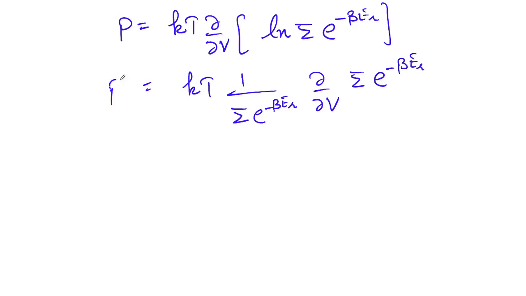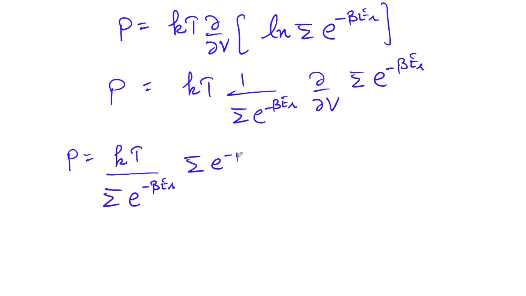So this pressure term comes out to be kT over the summation of e raised to power minus beta E_r, and taking the further derivative of this term, that is minus beta into E_r.